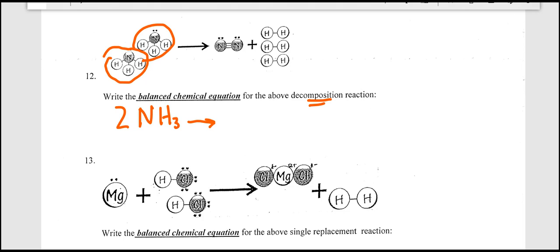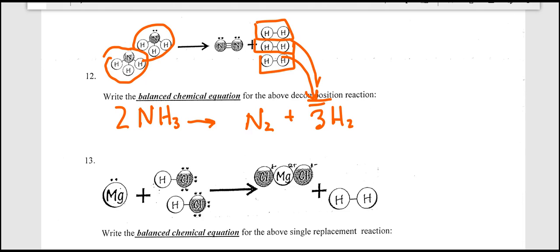They decompose into nitrogen gas and 3 hydrogen molecules. Make sure you interpret these as molecules. You've got 3 molecules of H2. That's why there's a 3 here, because you have 3 molecules. And since there's 2 atoms in the formula, that's why there's a 2 here.